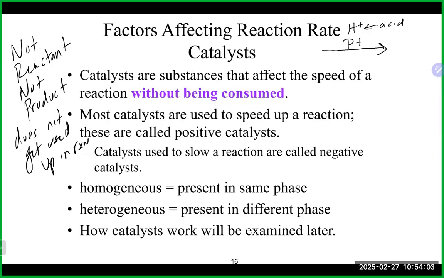How does it do that? Catalysts essentially find an alternative pathway for the reaction to take place, maybe a more efficient pathway. That could be as simple as a reaction where you have gas molecules flying around, and by themselves they just have to wait to come in contact with each other.